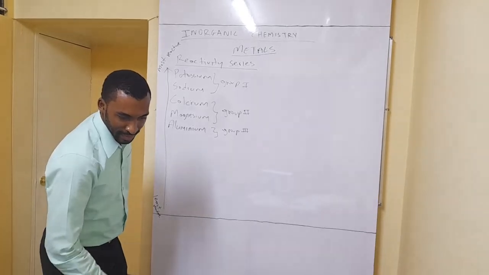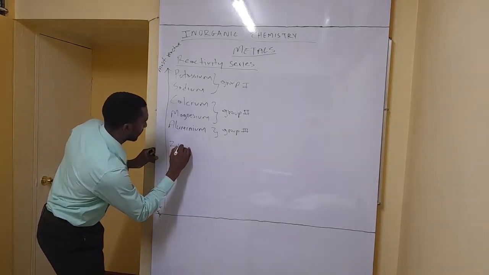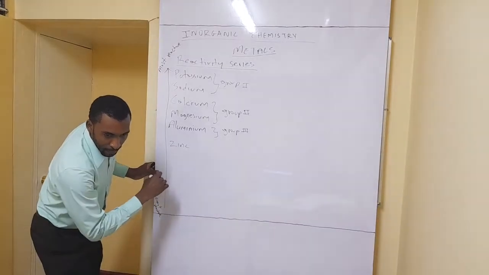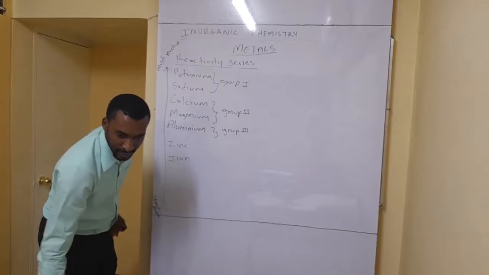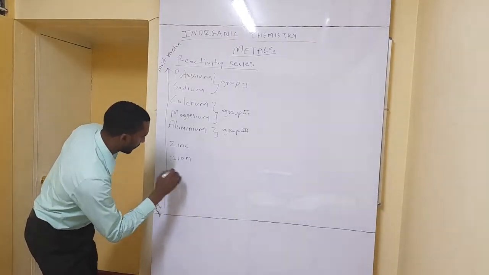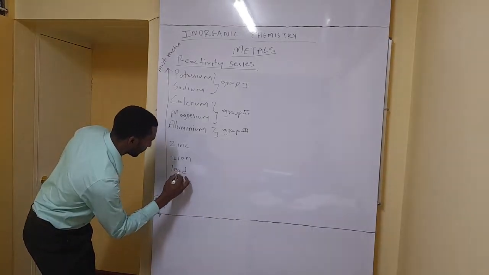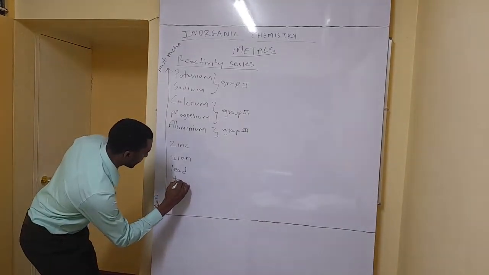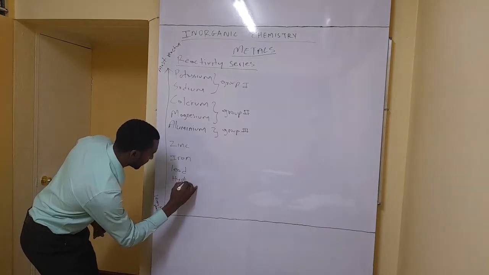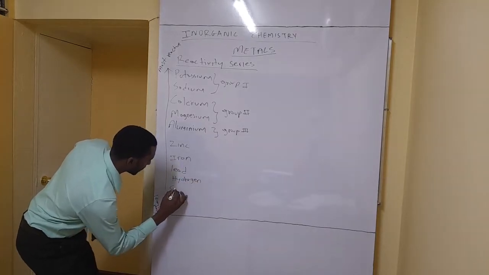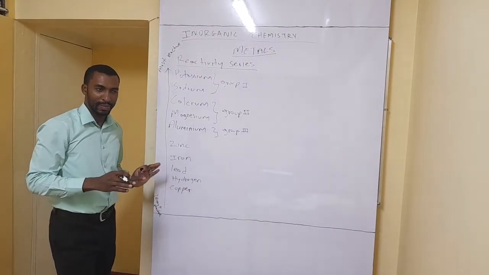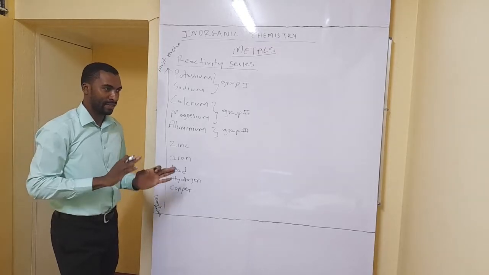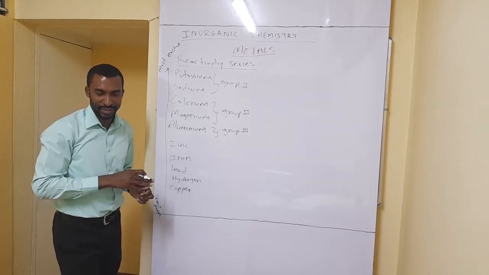Examples of some are zinc, iron, lead, hydrogen, copper, mercury. Hydrogen is not a metal, however we're going to place it here to have an idea of the reactivity when compared to hydrogen. Alright?